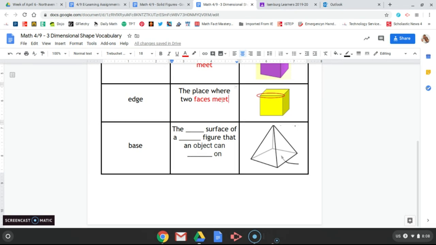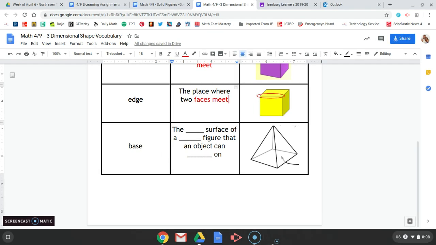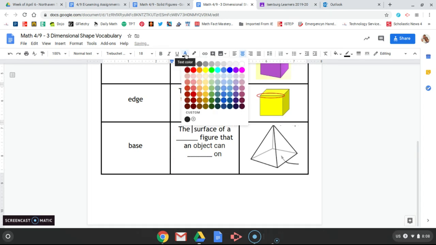The last word we're going to need to know, the last attribute of 3D shapes, is a base. Now a base is also a face, but a base has a special purpose. I'm going to change this word.